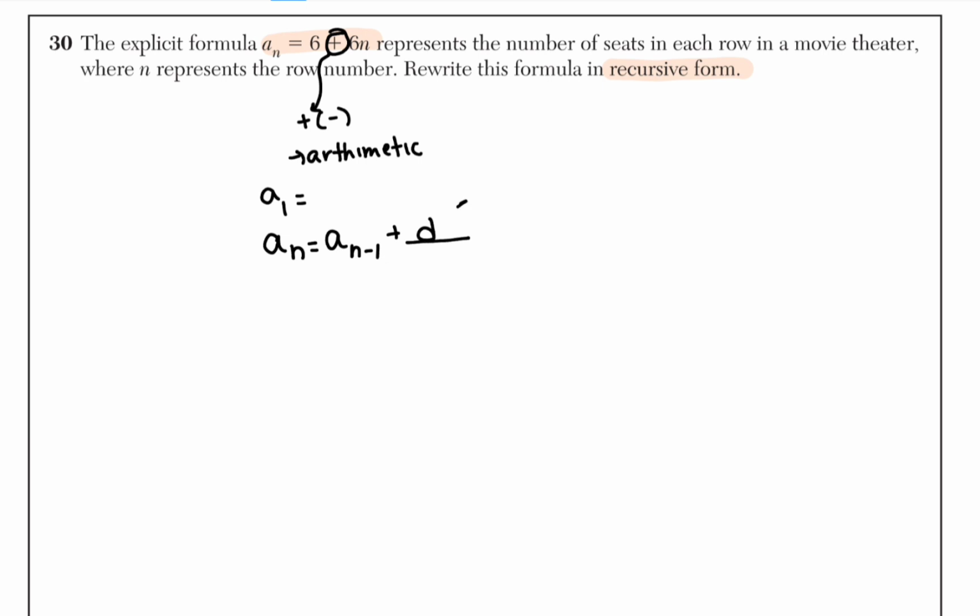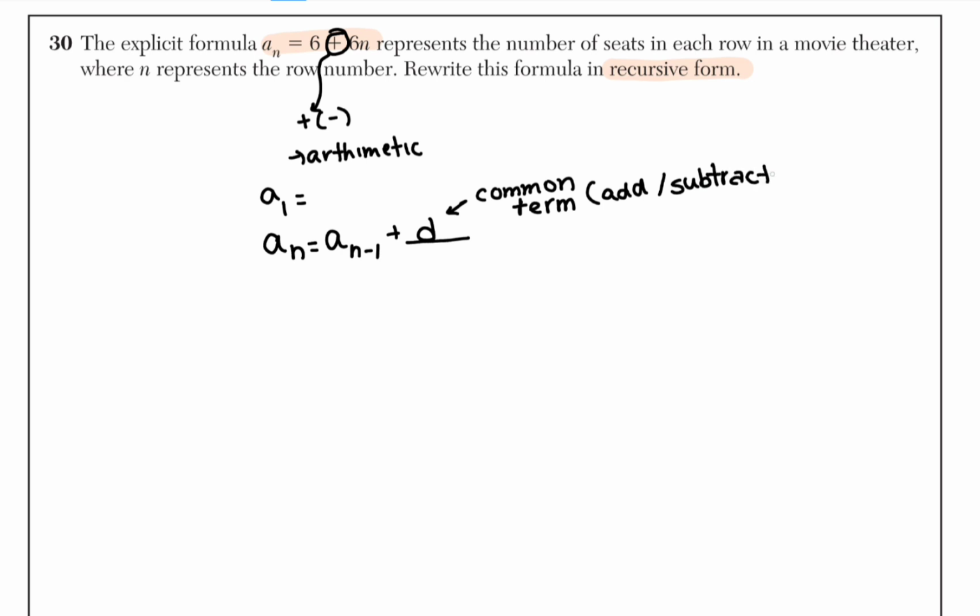And so d stands for our common difference, or the common term, or the common rate, kind of. So the common term that is being either added or subtracted.